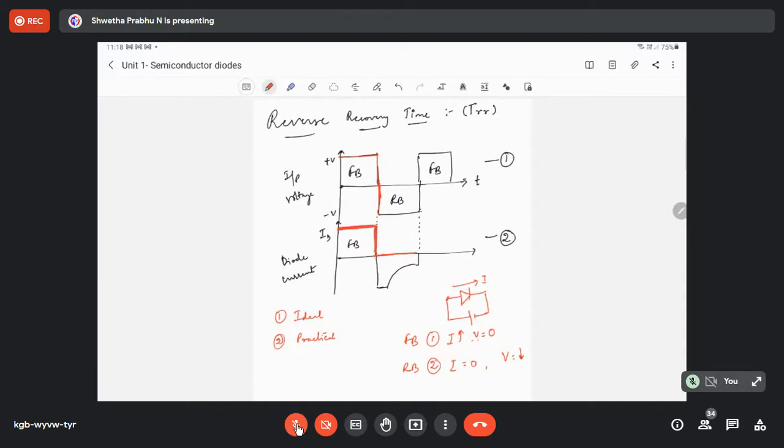Correct. So the red line, whatever I have marked, is for the ideal case. When the diode is forward biased, you get the maximum value of current. When you suddenly switch from the forward bias state to the reverse bias state, diode current goes to 0. That is the reason I have written it like this. This is the condition for the ideal case.